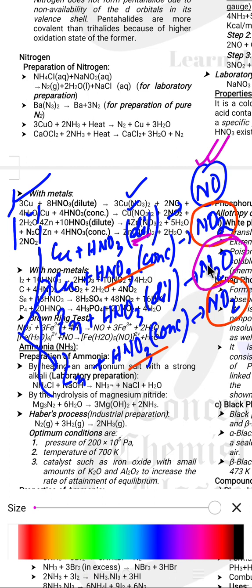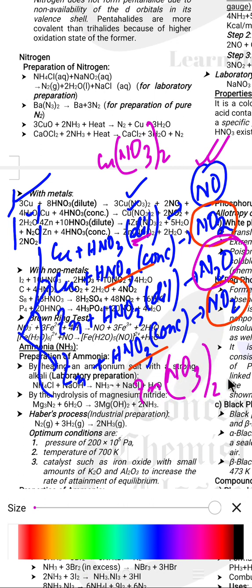This is the way to memorize this reaction. In all the four cases, copper nitrate will be formed with copper, while zinc nitrate will also be formed with zinc, along with water. Here also water. Okay.